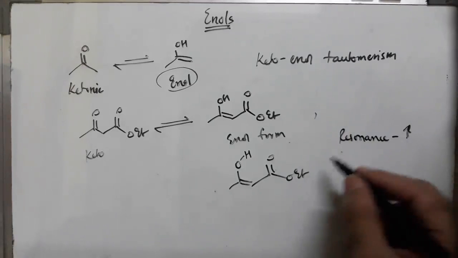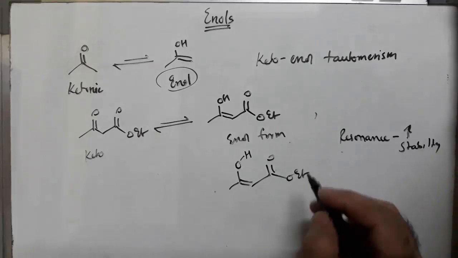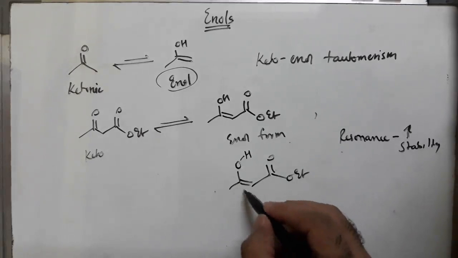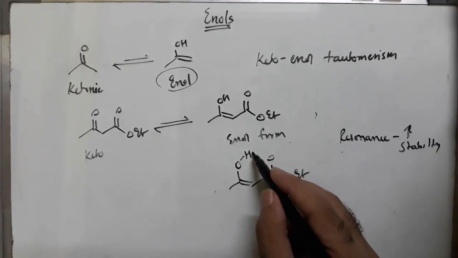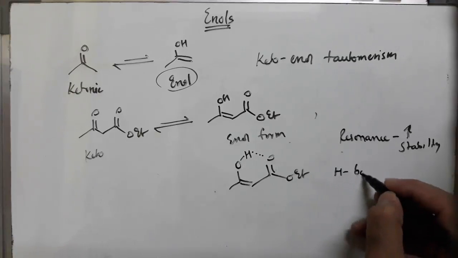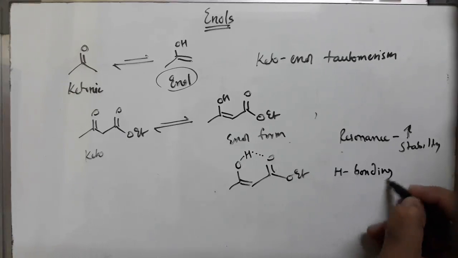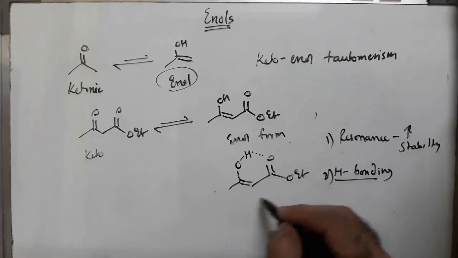So more resonance, more the stability. So here the stability increases because of this conjugation. Another thing is intramolecular hydrogen bonding. Because of this intramolecular hydrogen bonding, this is a more stable structure.